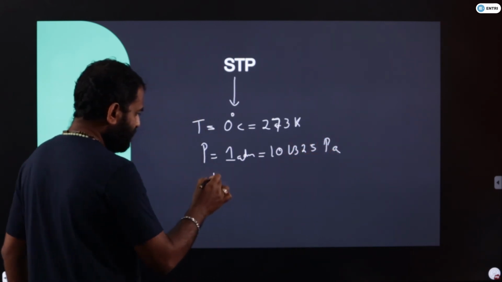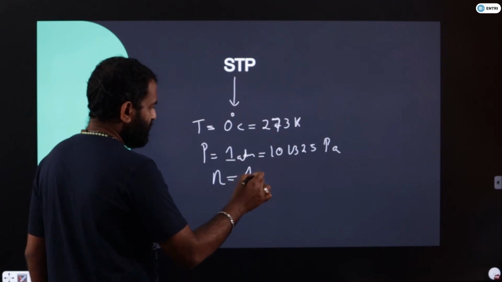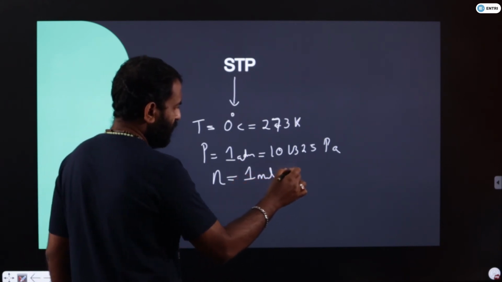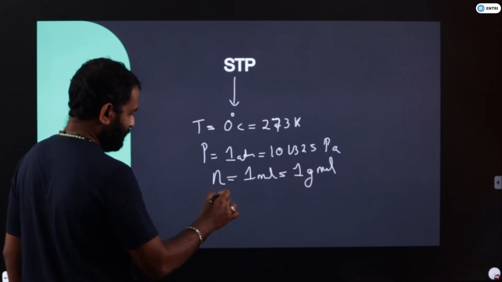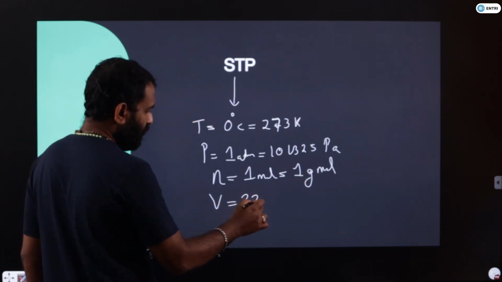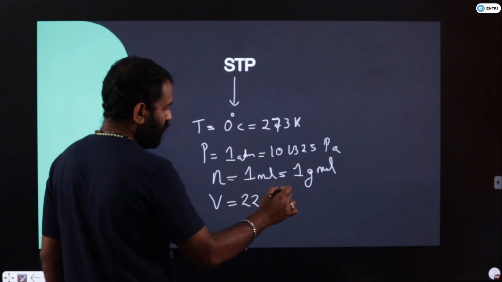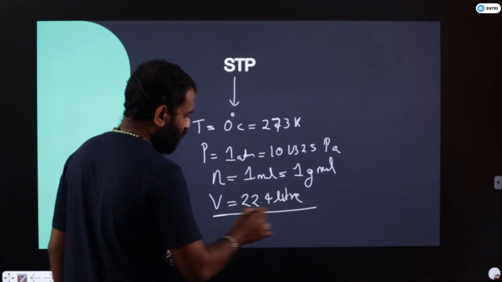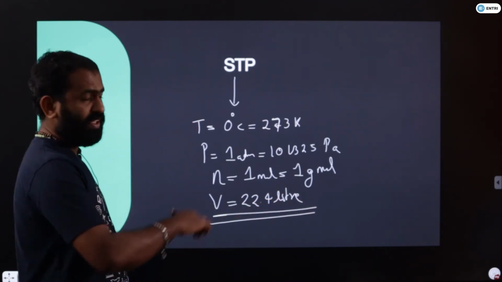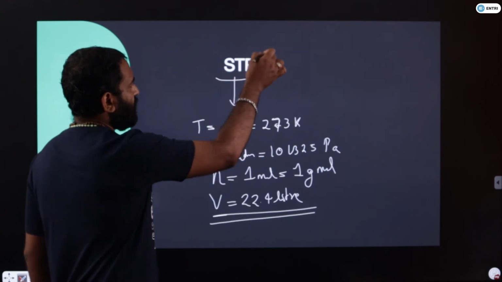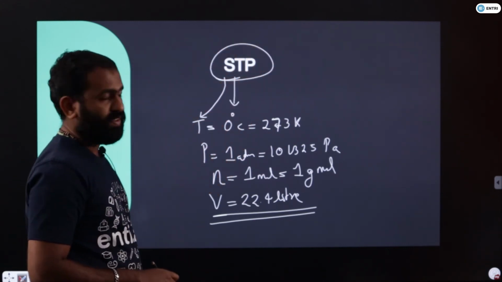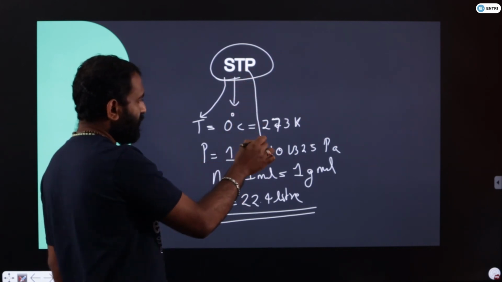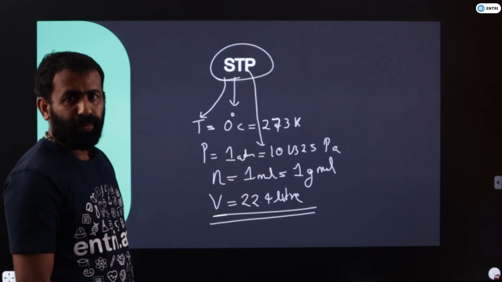When the number of moles is taken as 1 mole, that means 1 gram mole, we have studied that the volume is 22.4 liter. STP means standard temperature and pressure. The standard temperature is 273 Kelvin. Standard pressure is 101325 Pascal.